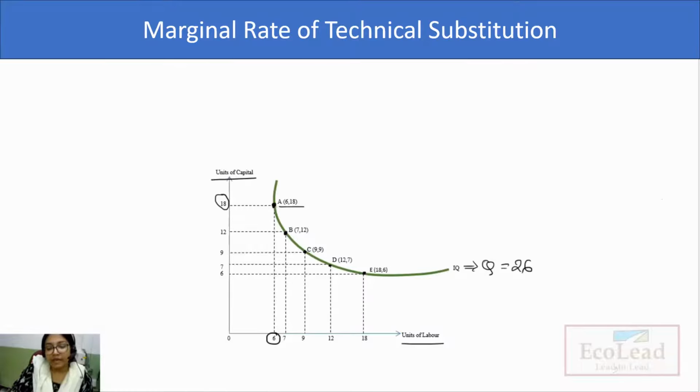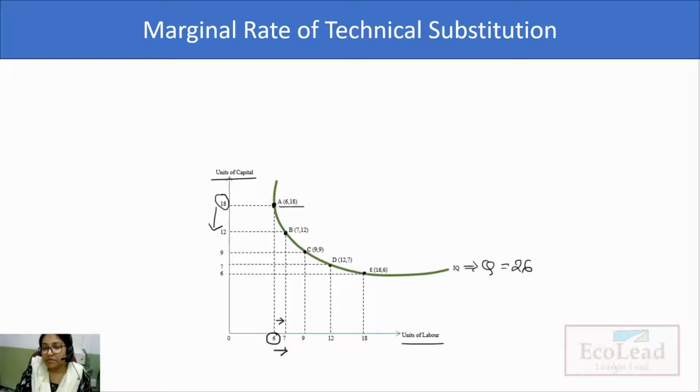Now, here if we increase the labor by 1 unit, from 6 to 7, look at the change in the capital unit.